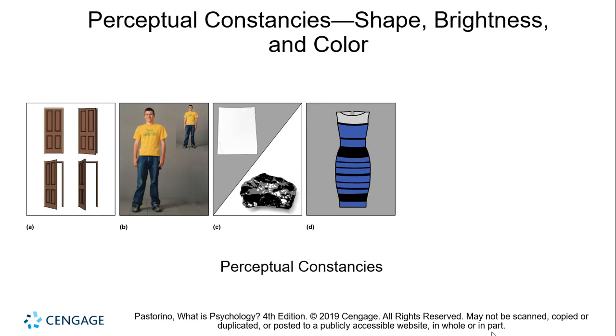You always know the door is a rectangle, even though technically to your eye, the shape has changed. Your brain goes, no, it hasn't. It's still a rectangle. And so even though you sense the door shape change, your brain just perceives it as the angle changing.